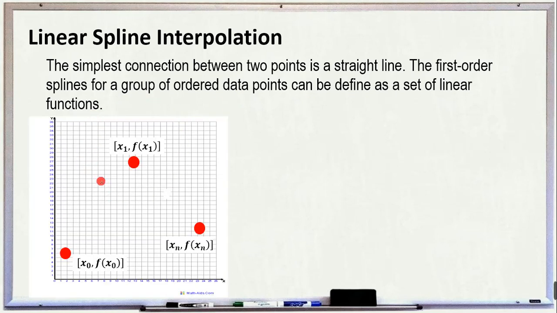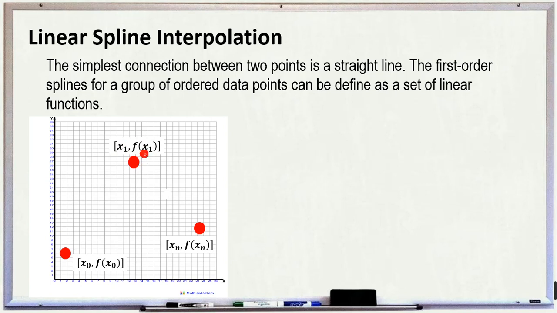Say, for example, on our Cartesian coordinate plane, we have n distinct points, starting with x naught, f of x naught. So these are the coordinates of our first point. Then this one is our second point, whose coordinates are x1 and f of x1.